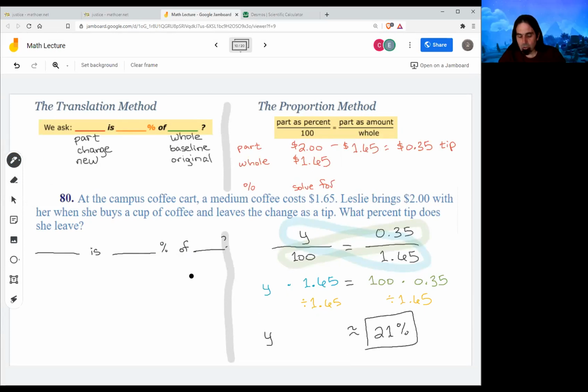So she's a big tipper, but not gigantically. 20% is something that people actually do. If you're a translate person, then the part goes on the first spot and the whole goes on the last spot.